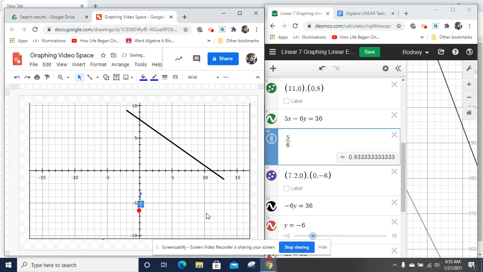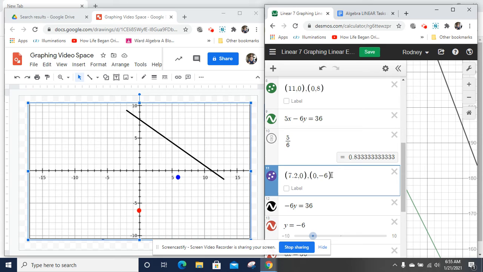From here, up 5 from -6 brings us up to -1 for y. And then over 6 brings us over to 6 for x. So we're at 6, -1, and that is another point that we've got.